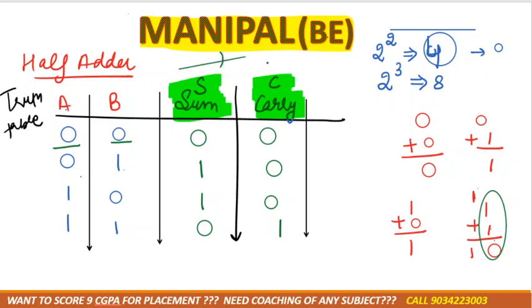We have to use a K-map, but you said the K-map hasn't been taught yet. Okay, I'm telling you the direct expressions, but those expressions come from the K-map. K-map I'll teach you later on. So the sum expression will be A XOR B, and the carry expression will be A dot B.